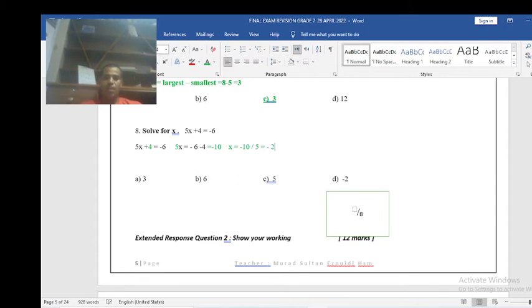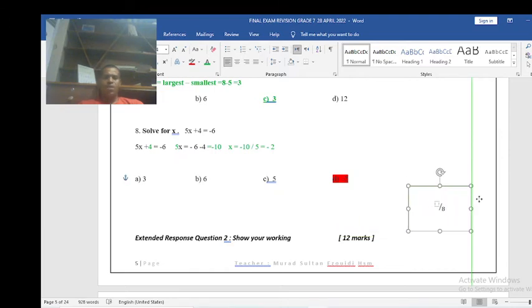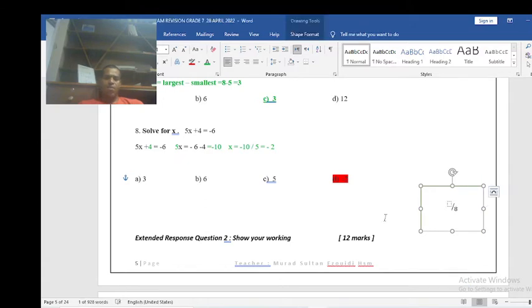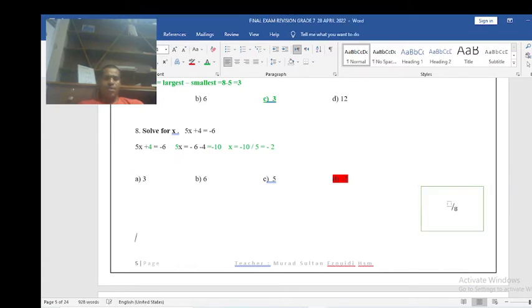Clear? So here we have some options: 3, 6, 5 or negative 2. So it's clear after explaining. This one is negative 2. Okay, this is the first part of your mathematics final exam for my learners, boys and girls.